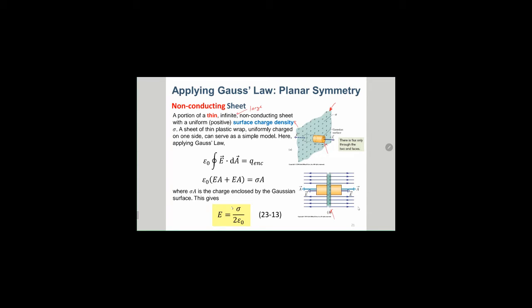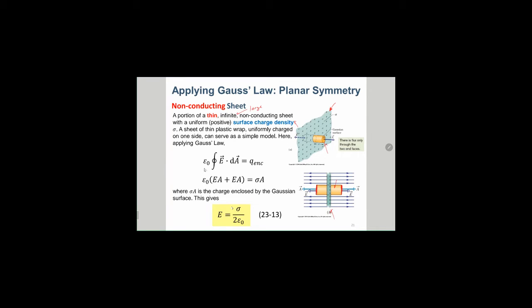As we know, the E field is perpendicular to the plane, so it points to the left for the left part, and to the right for the right part. So there will be no net flux contributed by the side, as previously mentioned. The left face and the right face will contribute to the net flux of this Gaussian surface.